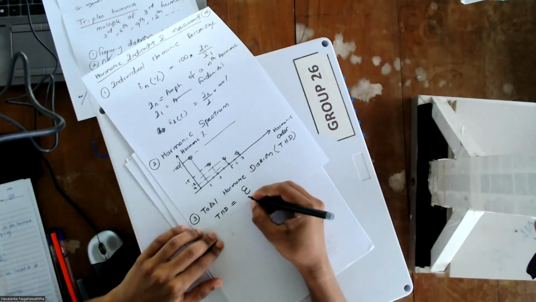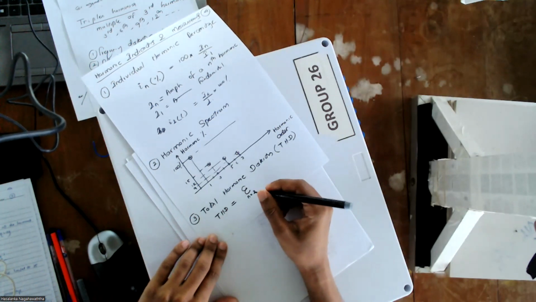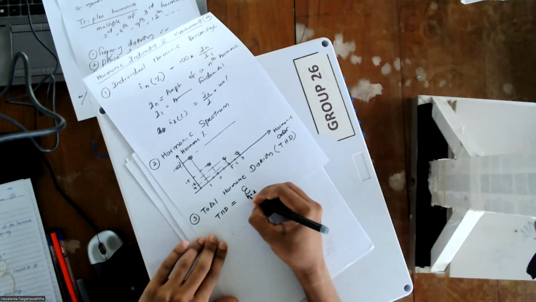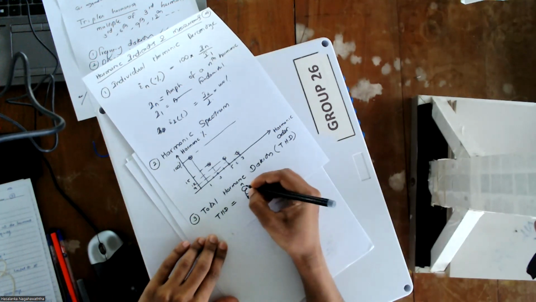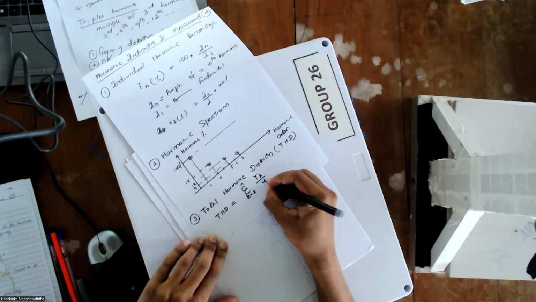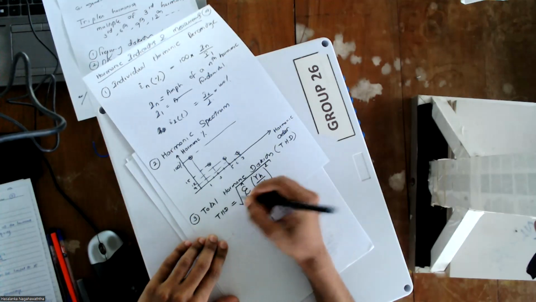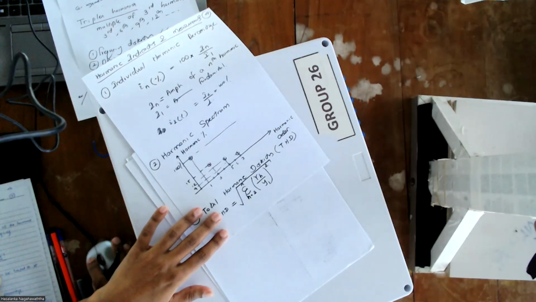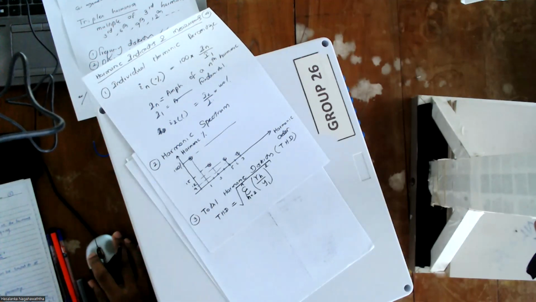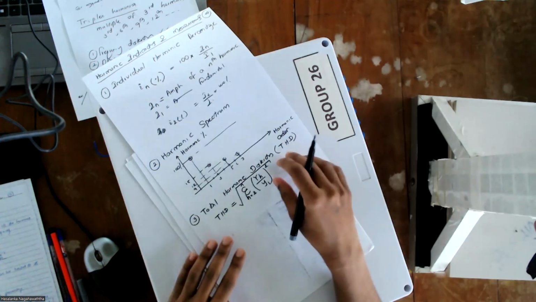THD equals the square root of the sum over n equal to 2 up to capital H of Yn squared, divided by Y1.